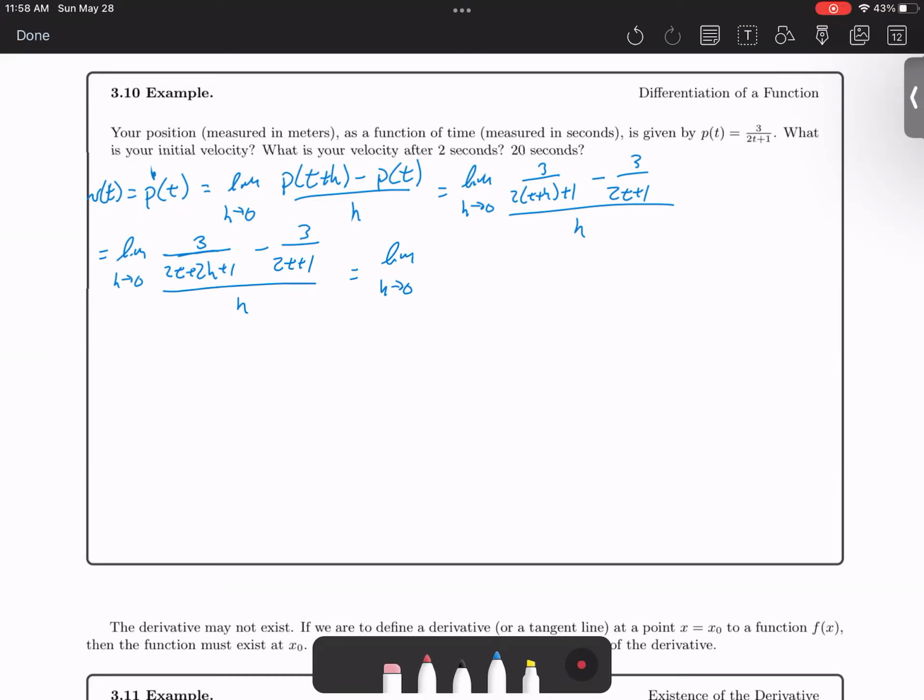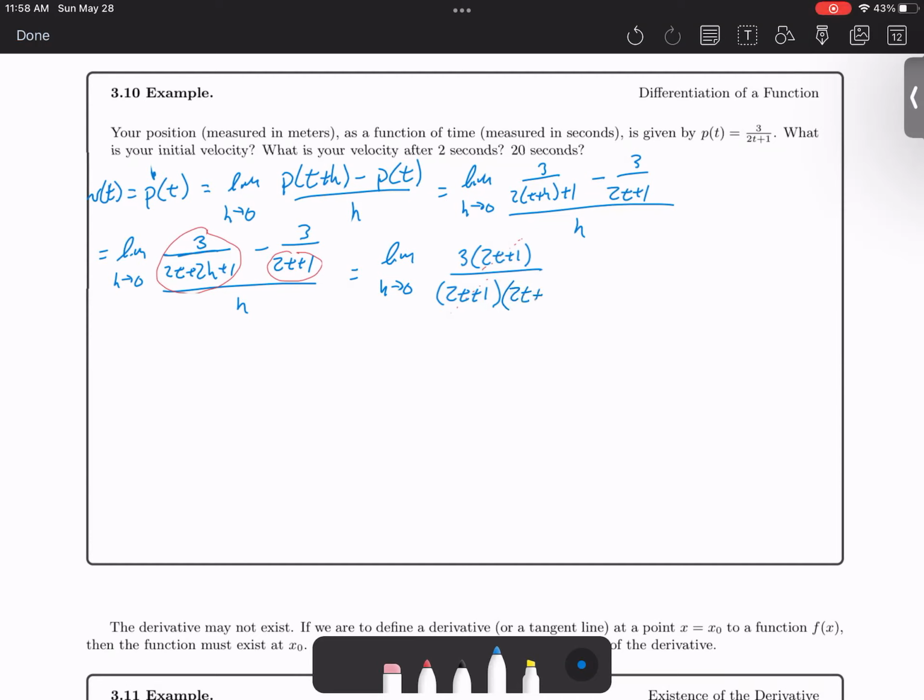The easiest way to do that is to give this denominator to this fraction, but you don't want to change anything, so you give it to the numerator and to the denominator. So we can rewrite that first fraction as 3 times 2t plus 1 over 2t plus 1, right? So those terms would cancel. I didn't change anything.